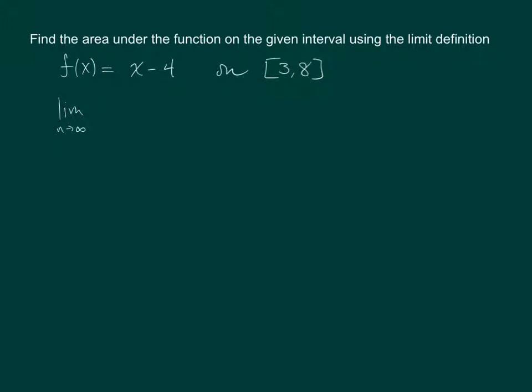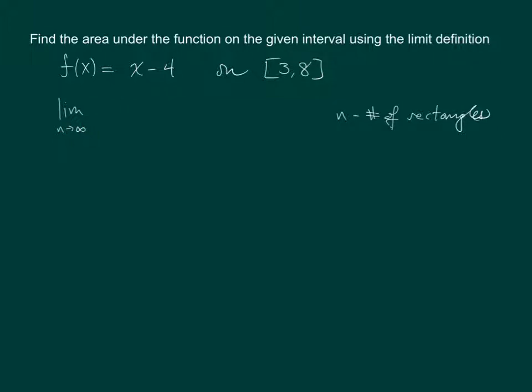Now remember, as we go through and figure out this limit, n is the number of rectangles that we want in our area. So we're trying to make the number of rectangles as big as possible with this n going to infinity.